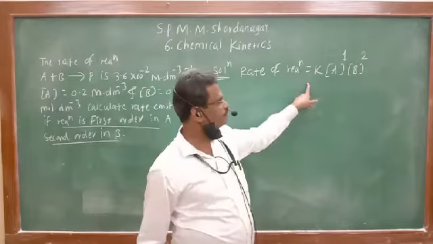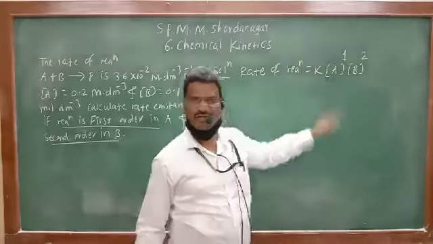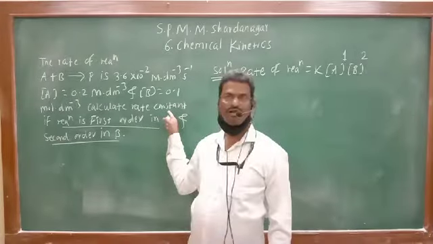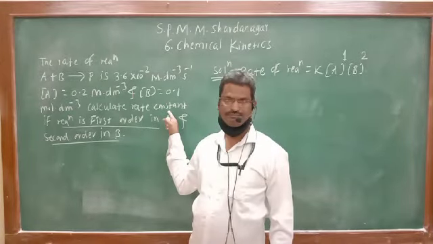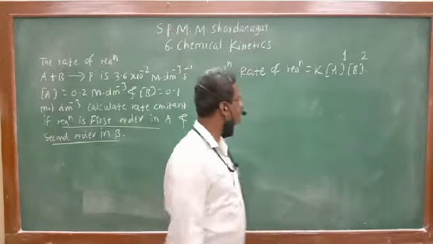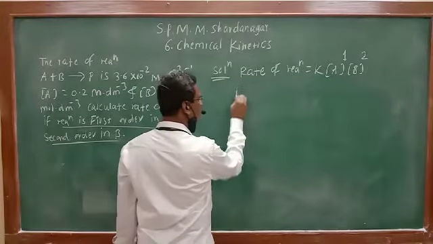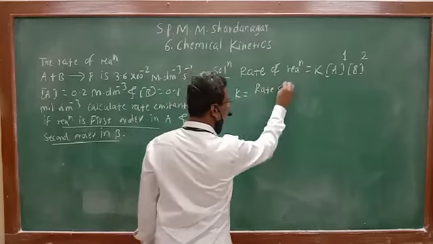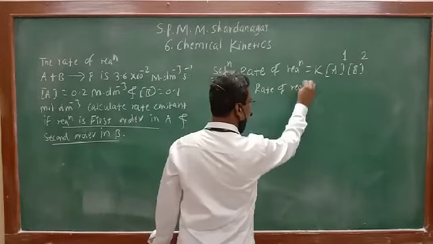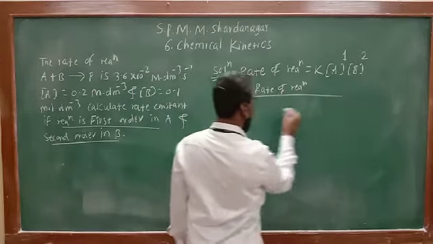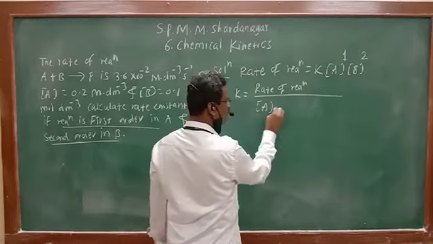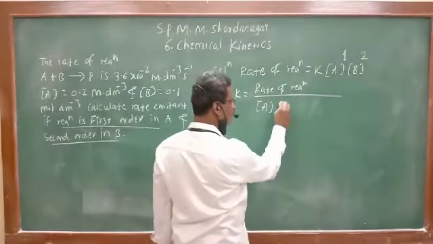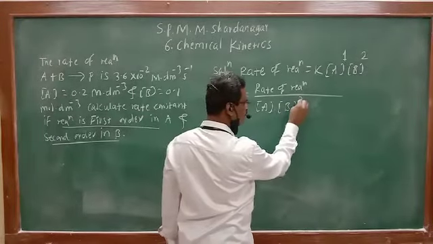Now, they have asked to calculate K, the rate constant. So, K is equal to the rate of reaction divided by concentration of A raised to 1, which means concentration of A, into concentration of B raised to 2.